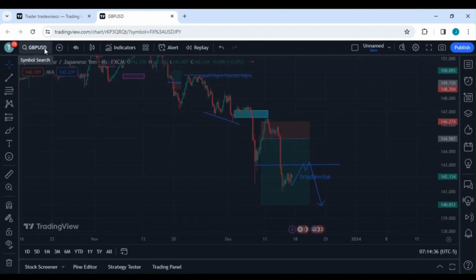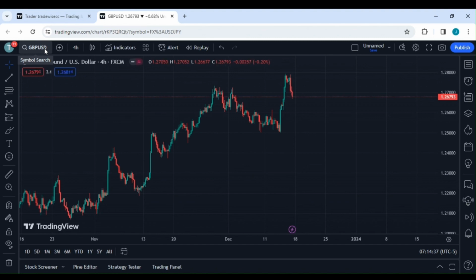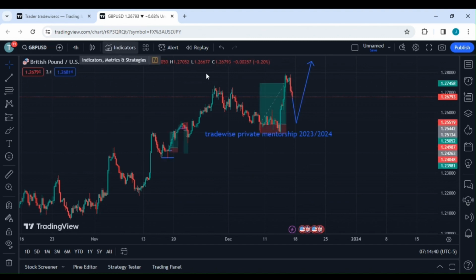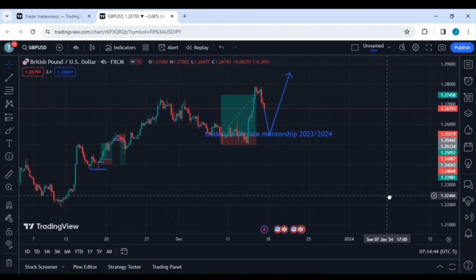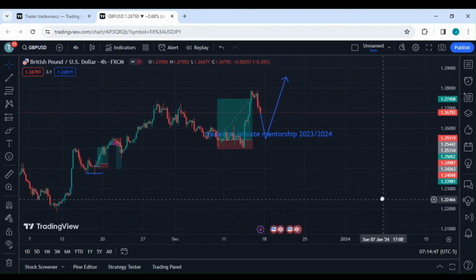We are going now to GBPUSD. GBPUSD and EURUSD usually move the same way, usually every time, and they can be used as a form of divergence. SMT divergence.